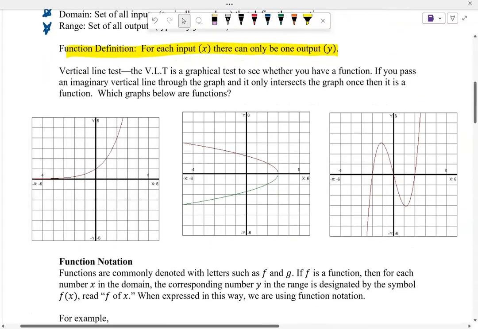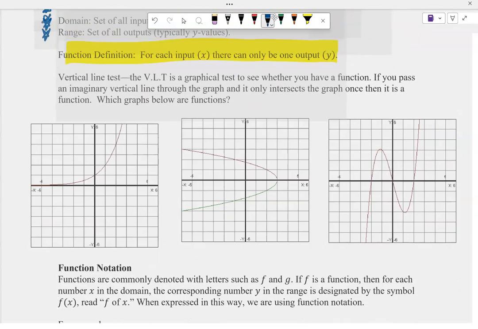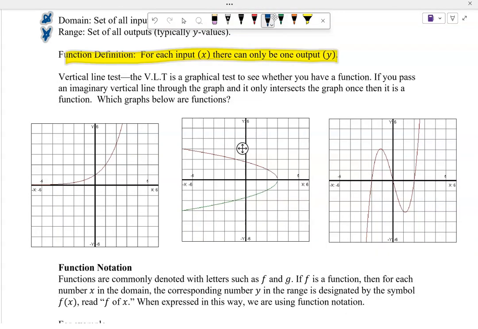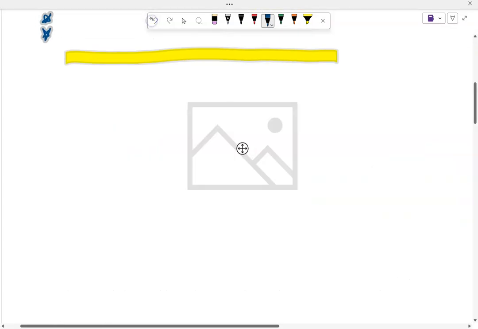So I just wanted to introduce these relations to you initially, and see which of these graphs are functions. The vertical line test says for every input there's one output. In other words, let's test an input of an x value of 1.